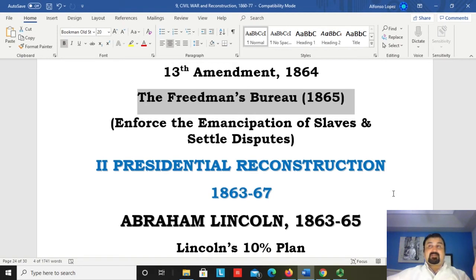because the freed population will have to be physically protected, because as the war was coming to a close, of course, the losing side, the Confederates in this case, were going to be very resentful at the fact that they were defeated, and that the slaves were being liberated.